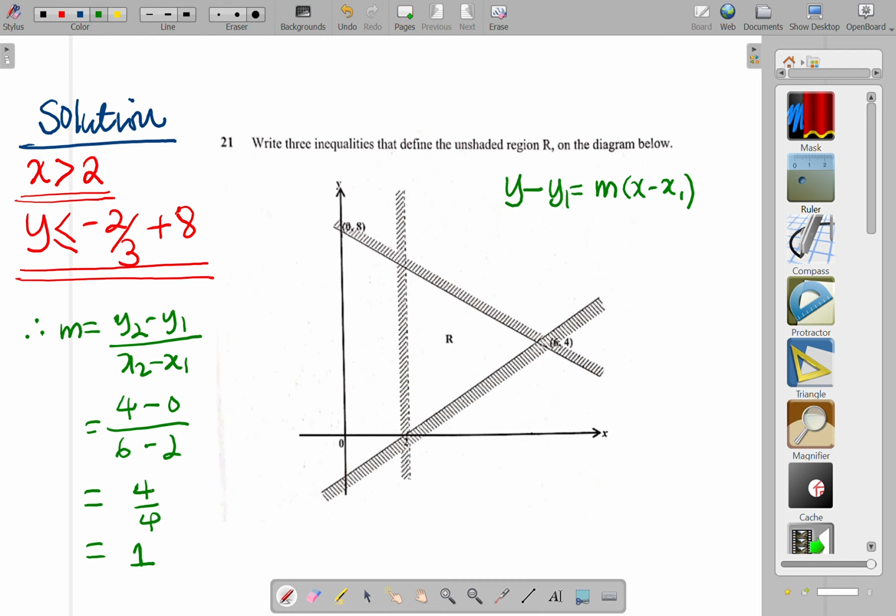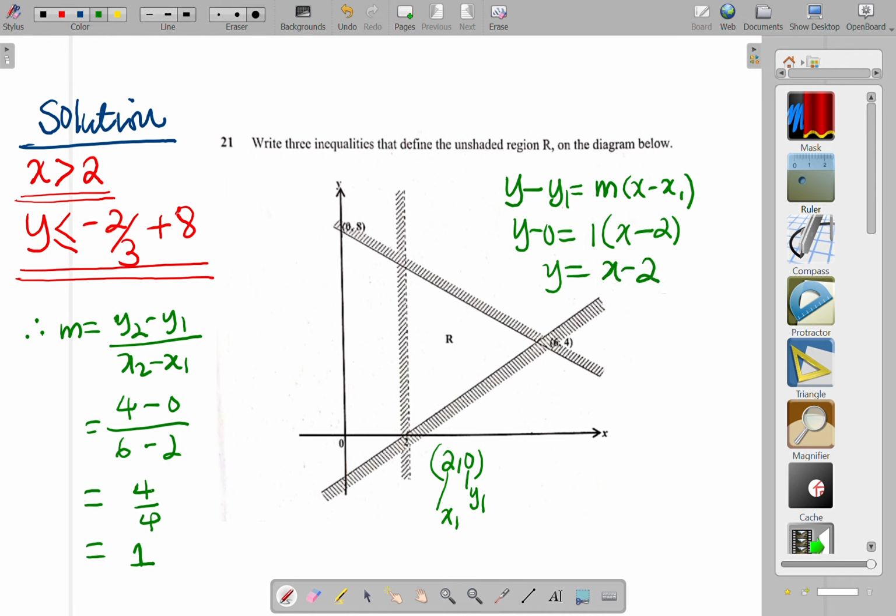I'll get any of my points, either this point here, or that point there can work. So I'll simply get 2, 0 as my point. So this is going to be x1, that is y1. So I'll simply say y minus 0 is equal to, now I have 1 there, multiplied by x minus 2. So this is going to give me y is equal to x minus 2.